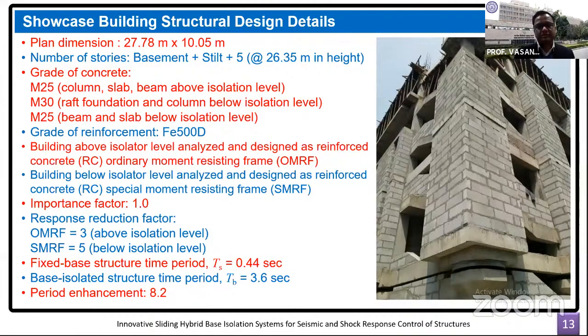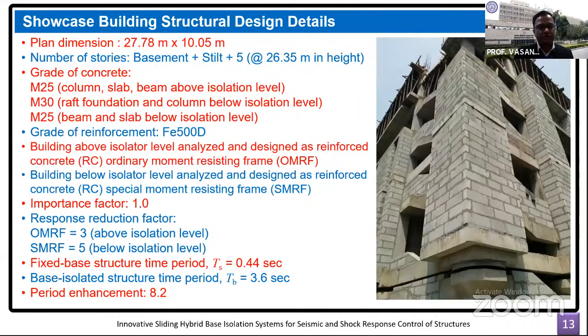Please note that this was designed few years back when the first draft of the Indian Standard Code on base isolation was yet to be released. So the building above the isolator level was analyzed and designed as a reinforced concrete ordinary moment resisting frame. The building below the isolator level was analyzed and designed as per the special moment resisting frame, SMRF, condition.